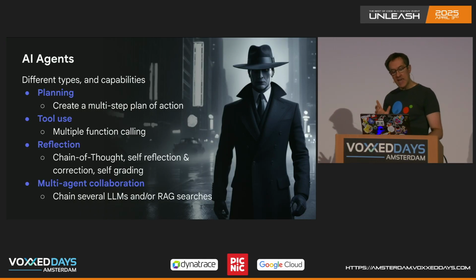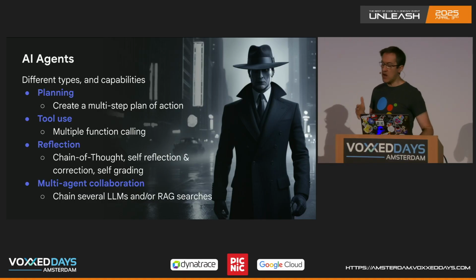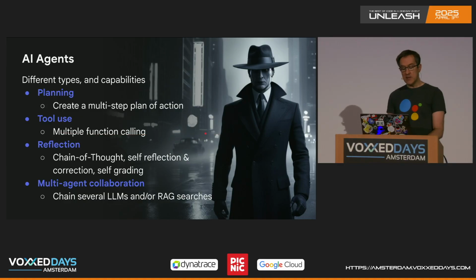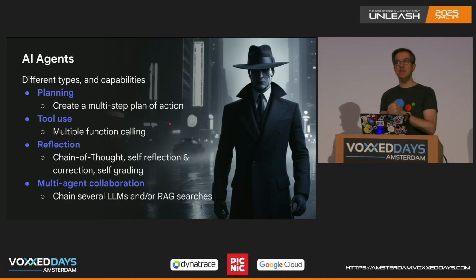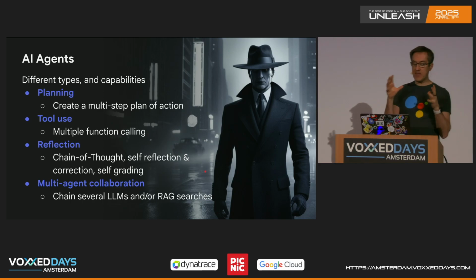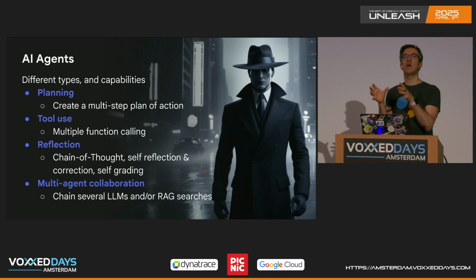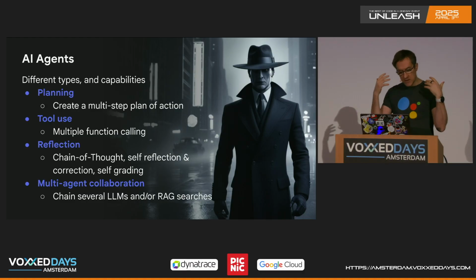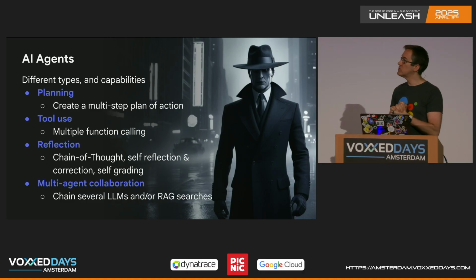As I said, AI agents have different characteristics. They are able to do function calling. They are able to plan, like what are the different actions that need to be taken to answer the user query. They can also do reflection, for example, thinking, here's the answer I got, is it a good answer? No, maybe I need to do some extra searches and extra thinking to be able to answer.